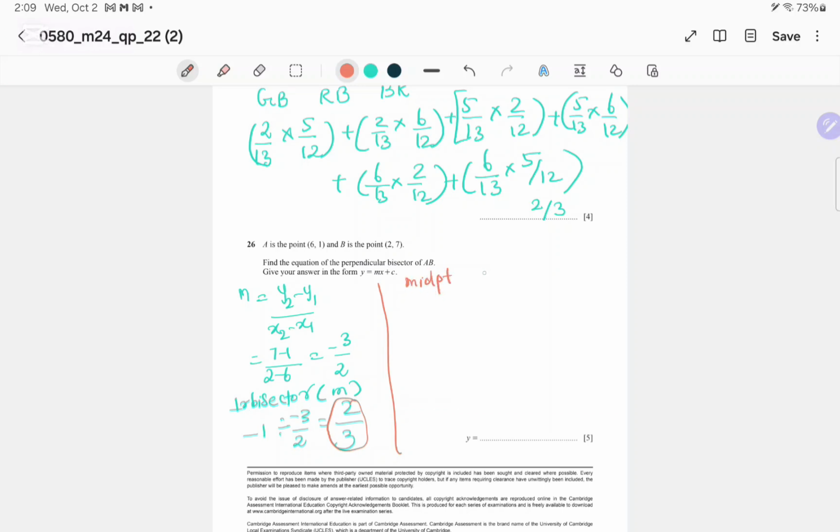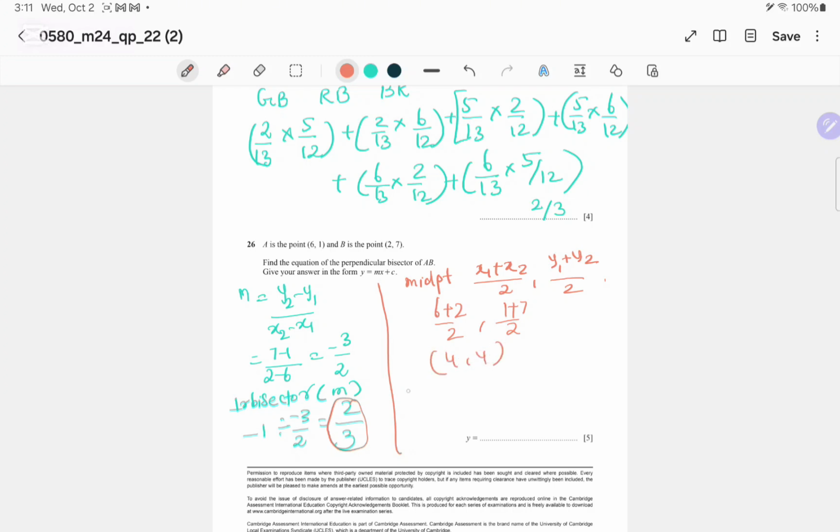Our formula is x1 plus x2 divided by 2, y1 plus y2 divided by 2. So 6 plus 2 divided by 2, 1 plus 7 divided by 2, which is 4, 4.